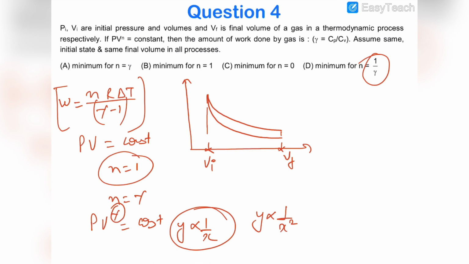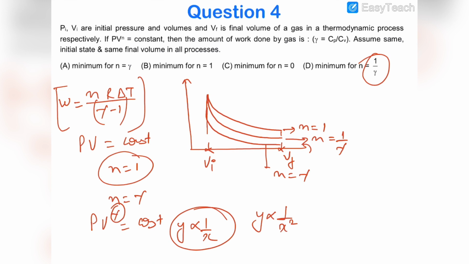We know that gamma is obviously greater than 1, so 1 by gamma would be less than 1. So this first graph represents n is equal to 1 by gamma. This second graph represents n is equal to 1. And the third graph is the adiabatic graph, so this is n is equal to gamma.